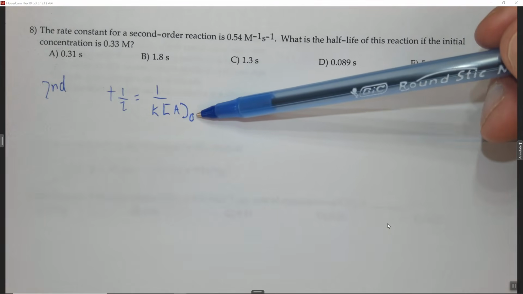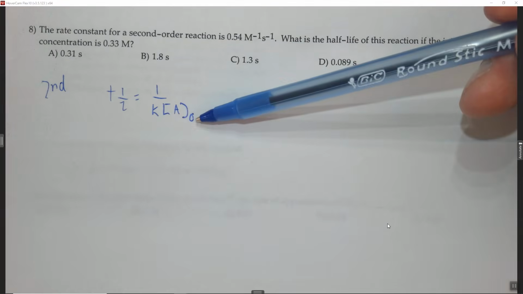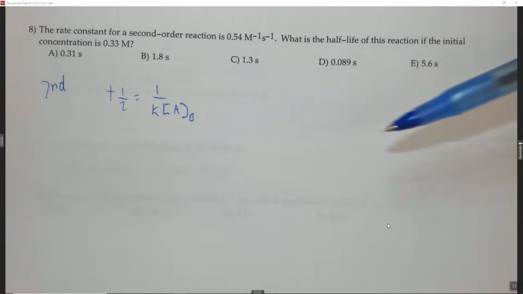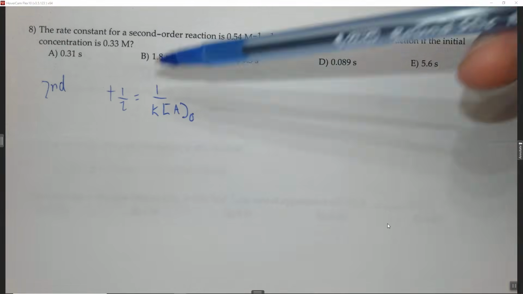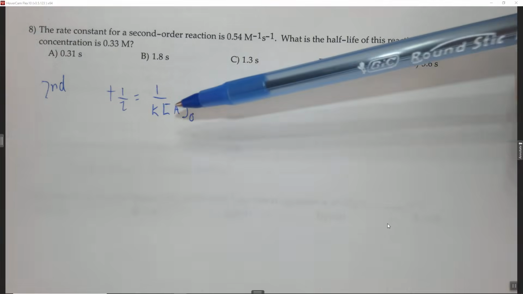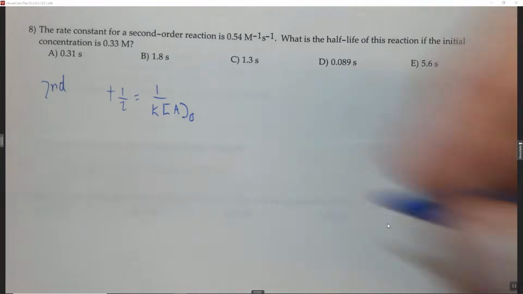For a first order reaction, the half-life is 0.693 over k. That's very useful because the first half-life and the second half-life are exactly the same, and the third, fourth, and fifth half-lives are all exactly the same. In this case, the second half-life is not the same as the first, because the concentration of A0 will be different, so you're going to have a different half-life. It's not quite as useful, but we can still solve for it.